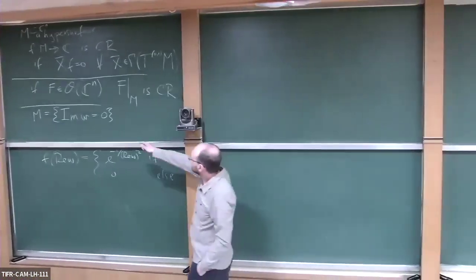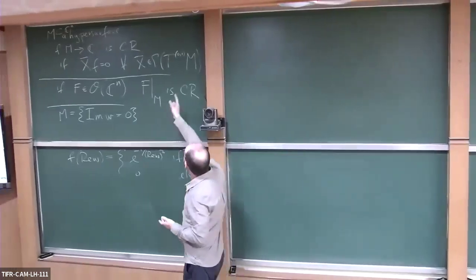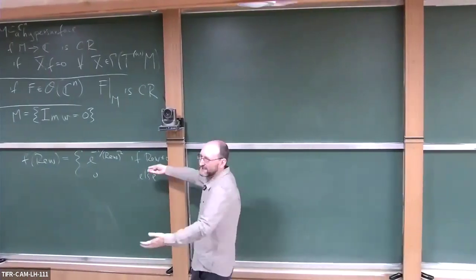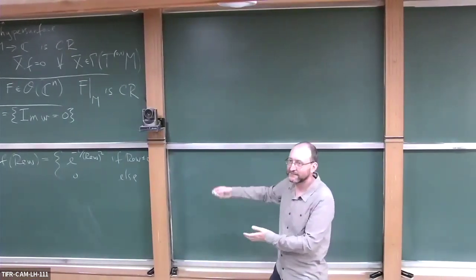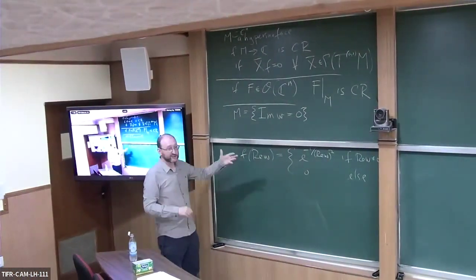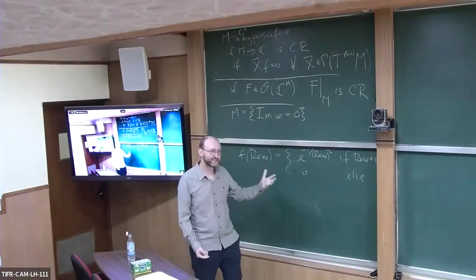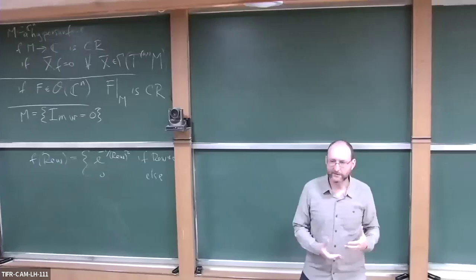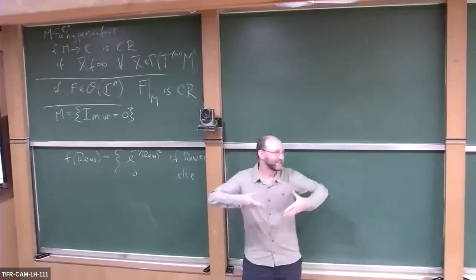The 0,1 vector fields would be in the z bars, so I differentiate with respect to z bars, and there are no z's, so it's just 0. So this is definitely CR, but it cannot possibly be a restriction of a holomorphic function. So for smooth functions, it's generally not true that you can extend. Maybe it's sometimes possible to extend to one side, kind of generically, but in the Levi-flat case, no.